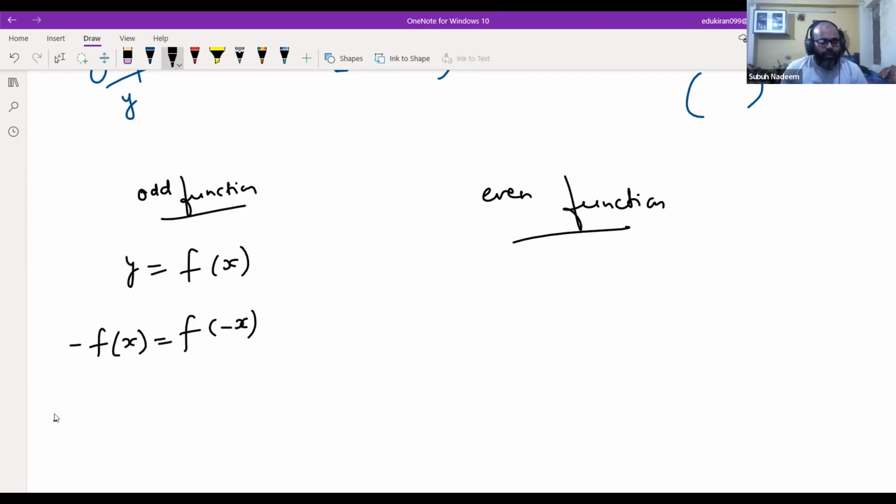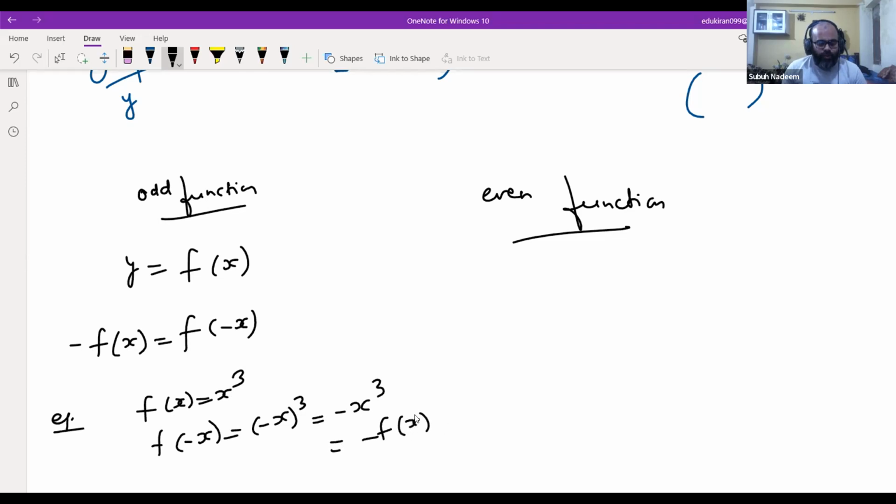An example is, suppose f(x) = x³. Now you insert minus x here, so it will be (-x)³, so minus will come outside. So it will be -x³, which will be -f(x), because f(x) was x³. So f(-x) is becoming -f(x).